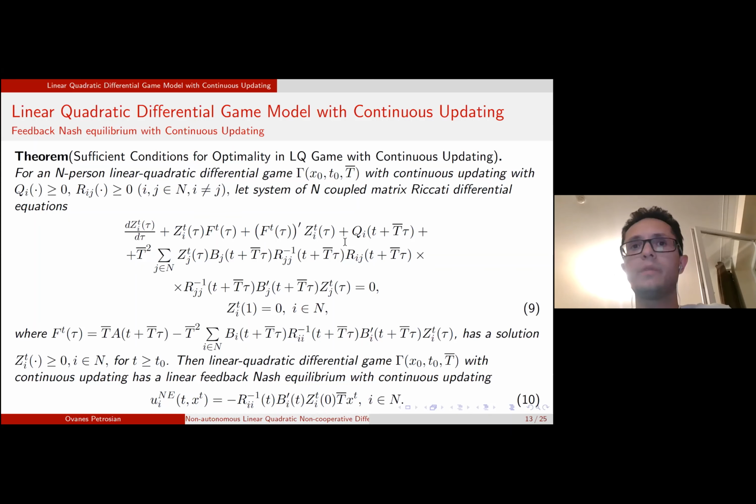But the main idea, the main advantage, is that you only need to solve the system 9, and then you can model the behavior of players when the information updates continuously in time. You do not need to continuously recalculate the solution. But when it is impossible, then it's quite complicated.